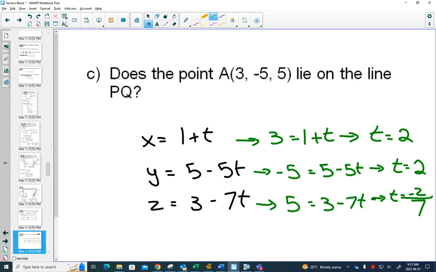No, it's not on the line, and I fooled you all, because this is what teachers always do. They always give you one example that works, and then one example that doesn't work. I bet you were all expecting this one to work. And it looked like it was going to work, because it was 2, it's 2 again. Mr. Chair is so predictable. And then I throw a curveball into the question, and once again, no, it's not on the line.